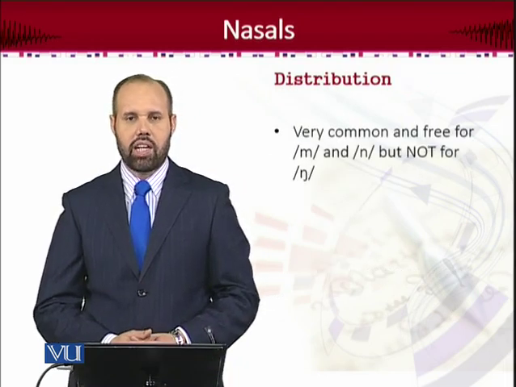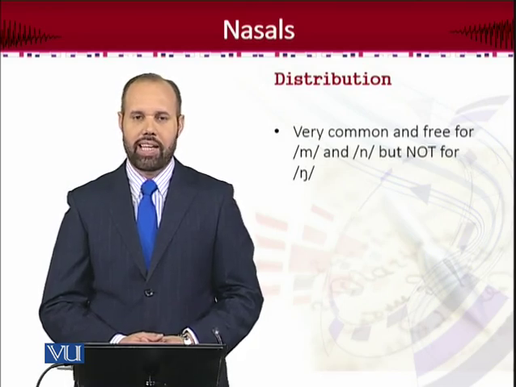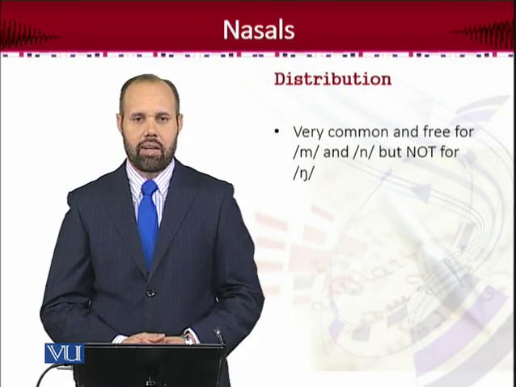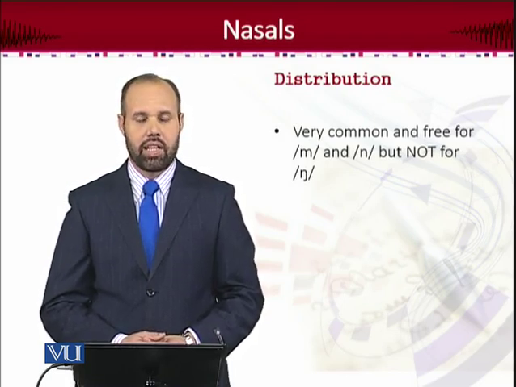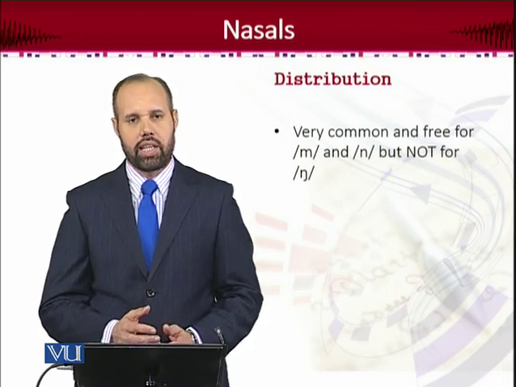These are very commonly found, and the distribution is also very large, but not for the engma sound, right? M and n can take any place. They can occur in the beginning, right? Like mam, right? And they may take the position at the end of the syllable, right? The end of the word, right?